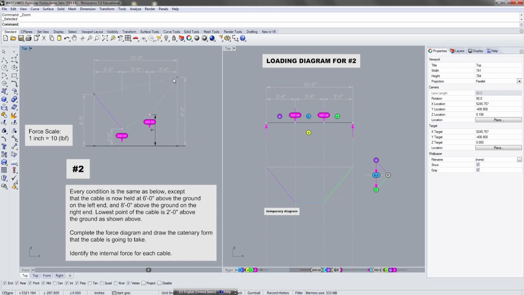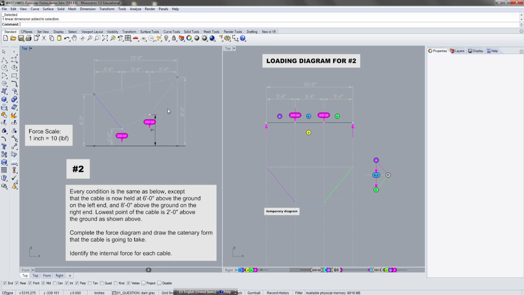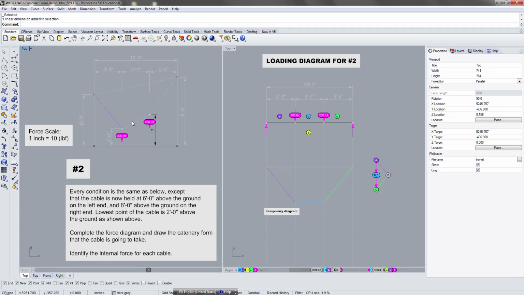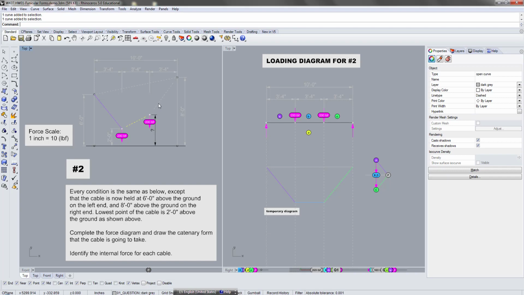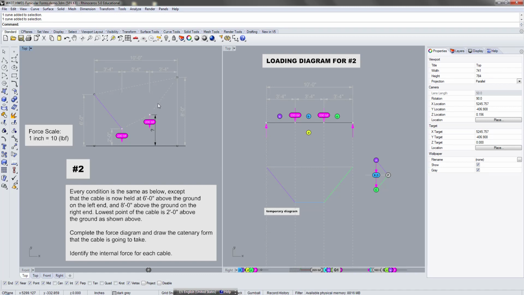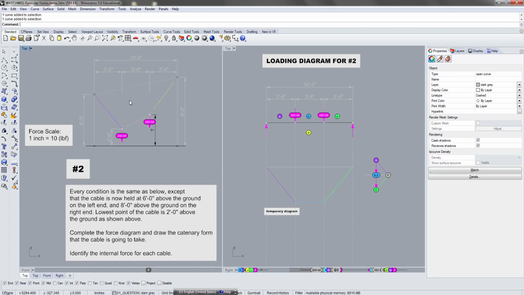This time we know that the right end is 2 feet higher, but since it's not completely symmetrical now, we don't necessarily know the correct angles for these two cables. These are drawn diagrammatically, but they are not precise.